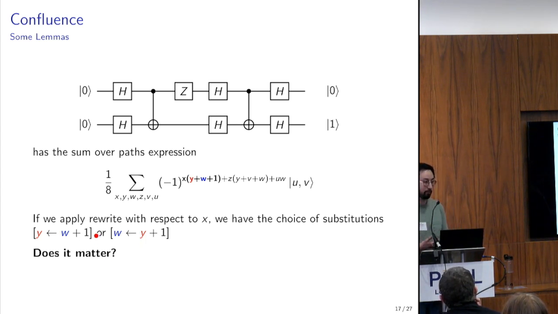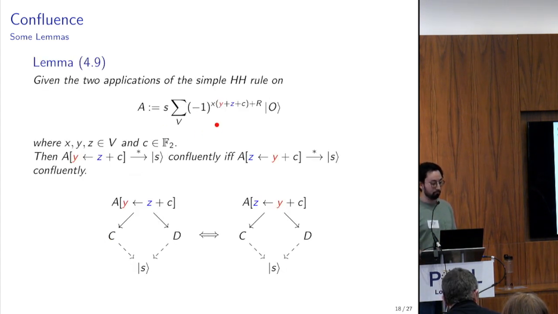And the question is, well, does this matter? And intuitively, it would seem like not. And intuitively, you would be correct that, yeah, if substituting z in for y rewrites to s confluently, then substituting y in for z also rewrites to s confluently, and vice versa.